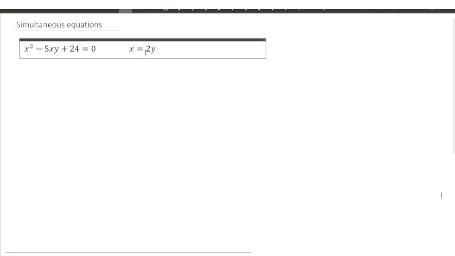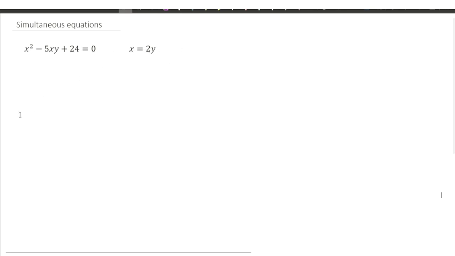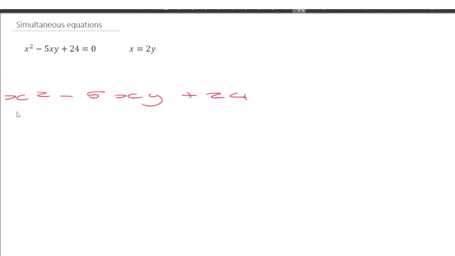So what I'm gonna write, I'm gonna put the other equation, x squared minus 5xy plus 24 equals 0. But where I see x, I'm gonna replace it with 2y.